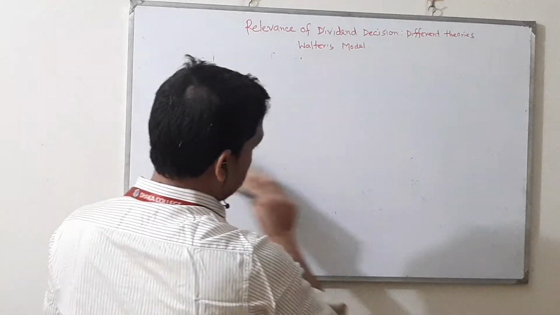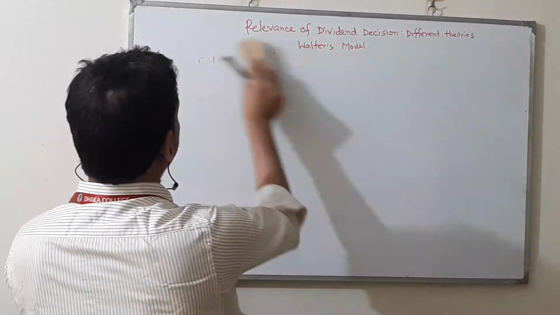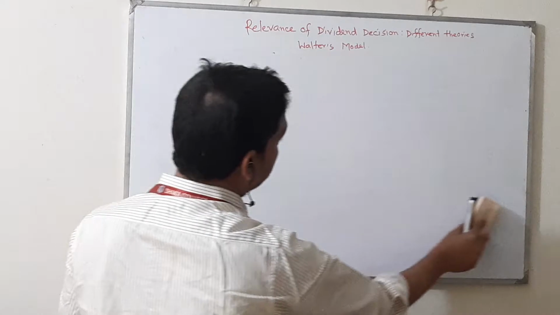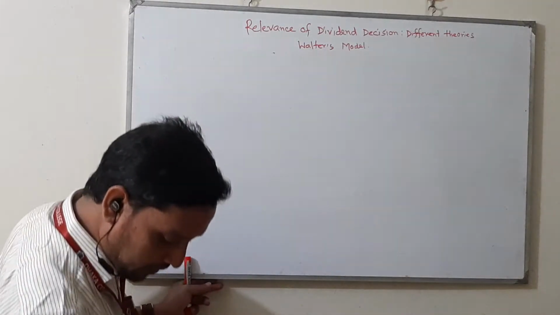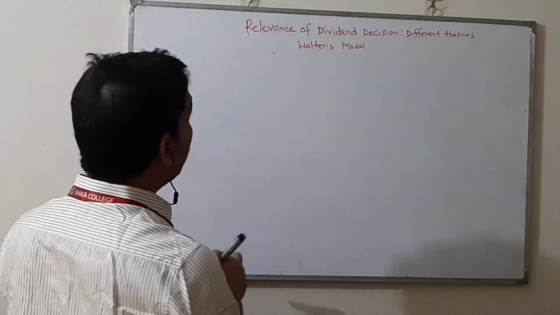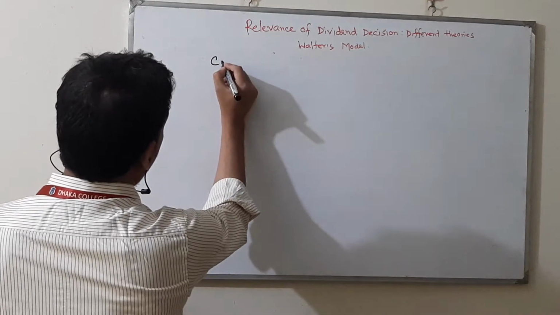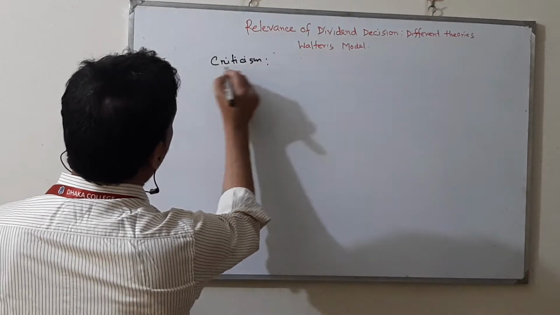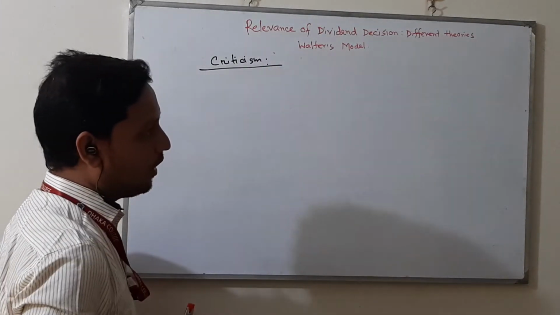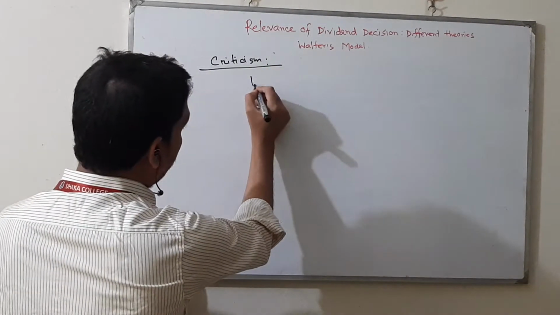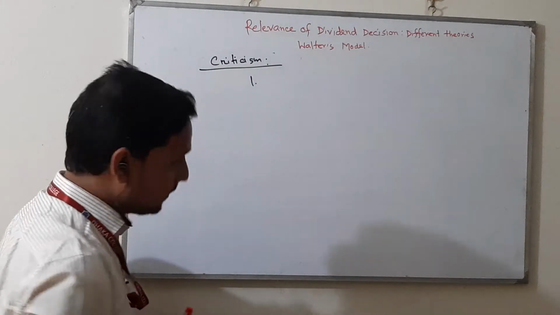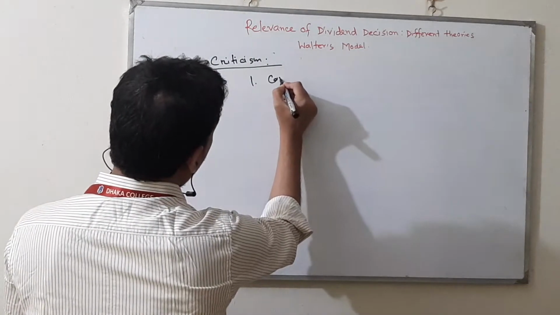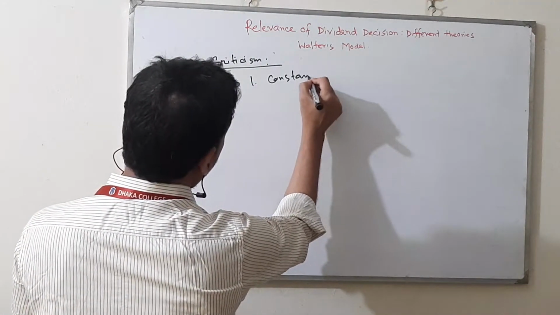So dear students, we learned what is the growth firm and normal firm and declining firm. So now we are discussing the criticisms of the Walter's model. Criticisms of Walter model. First one is constant returns.